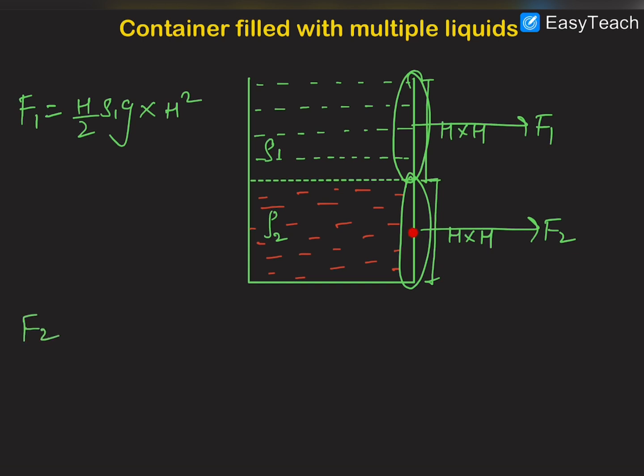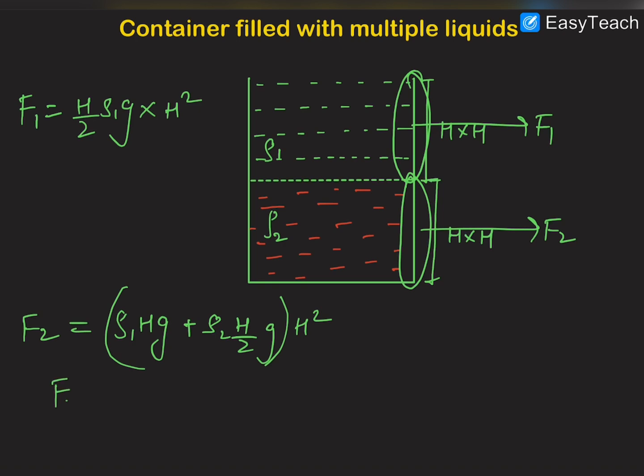And F2 will be the pressure at the center of mass of this wall. Now the pressure at the center of mass of this wall will be the complete pressure due to this liquid plus the pressure due to H by 2 height of this liquid. So the complete pressure at the center of mass of this wall will be rho 1 H g plus rho 2 H by 2 g, into the area of the wall, H square.